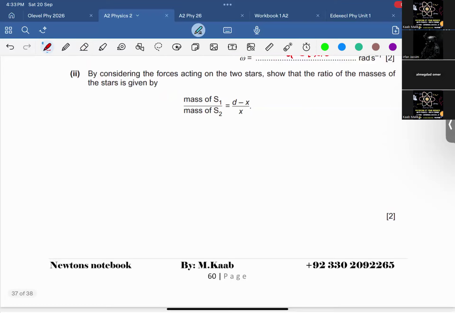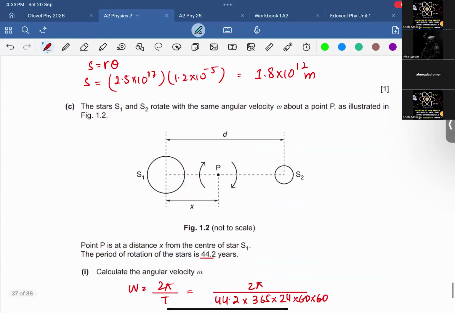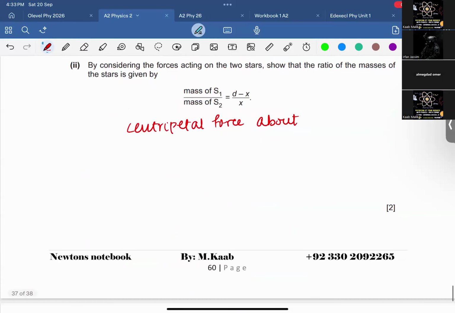You can say that the centripetal force about this point P is the same, right?